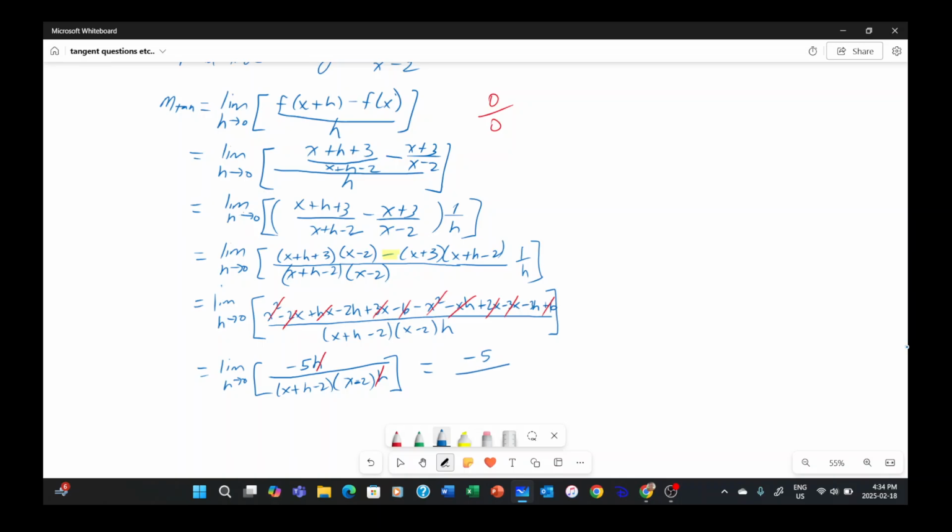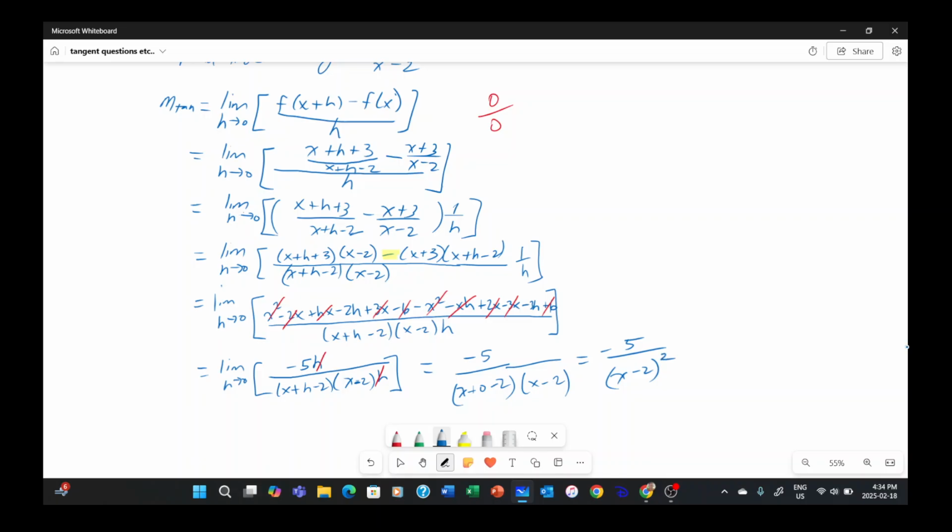And so you get -5 over x plus 0 minus 2 times x minus 2. Notice how the limit part disappears now. And that just simplifies to x minus 2 twice, so squared.